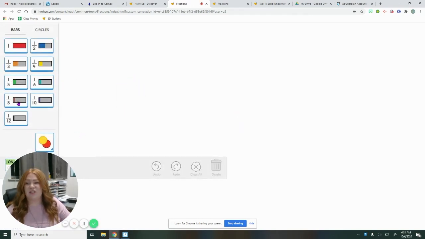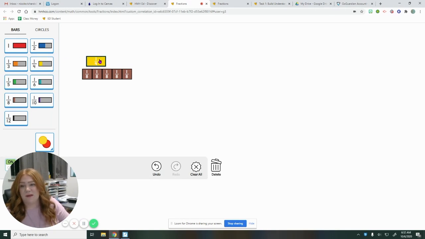So I know that she has 5/8 of a cup. So I'm going to go ahead and add 5/8 here and line them up. So go ahead and do that on yours. Okay, so we both should have 5/8 here. Now she only has a 1/4 cup measuring spoon though.